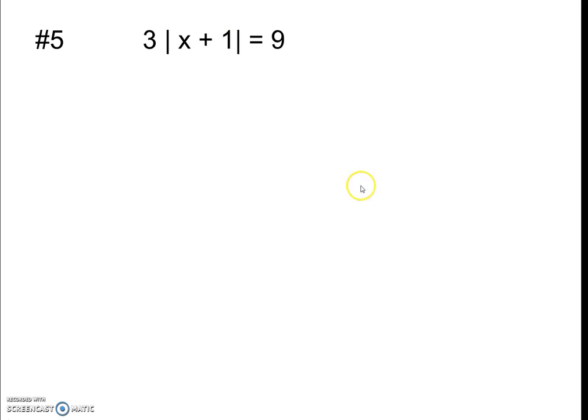Now, again, where's my function? My function is the absolute value. That's my function. Now, I need to get this 3 to go away. I need to get it to the other side. But that's not 3 plus absolute value. That is 3 times. In algebra, when things are stuck together like that, that is multiplication, not addition.